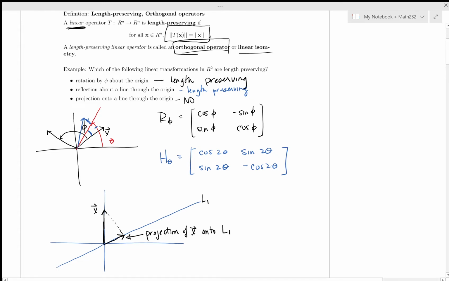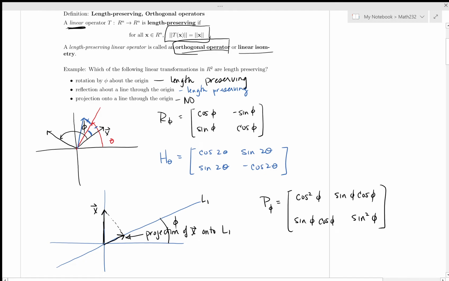Okay, so let us write the matrix for that, with this line being at an angle phi from the positive x-axis. This one is cos squared phi, sine phi cos phi, sine phi cos phi, and sine squared phi.